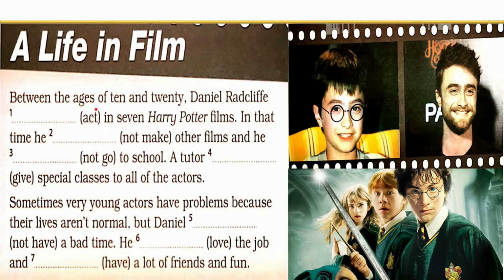Between the ages of 10 and 20, Daniel Radcliffe acted in 7 Harry Potter films. In that time, he didn't make other films, and he didn't go to school. A tutor gave special classes to all of the actors.